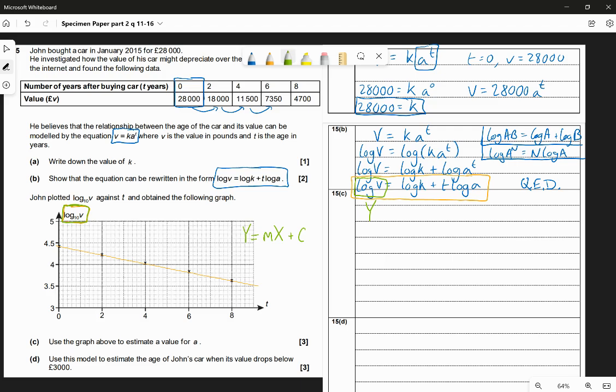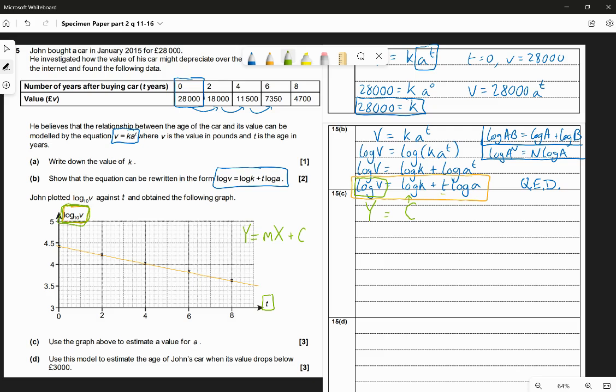Well, here in this graph, our y is replaced with log V, and our x is replaced with t. So what's left should be the m and the c. The c is the constant, so I'm going to write that underneath: log K. Log K is just a specific value, log of 28,000. It is just a constant.